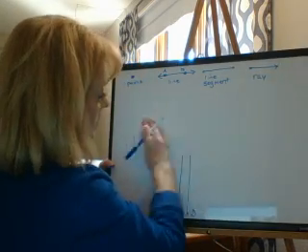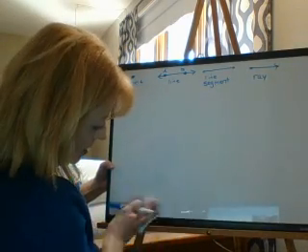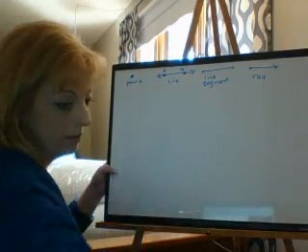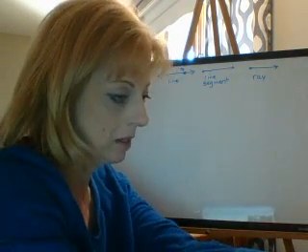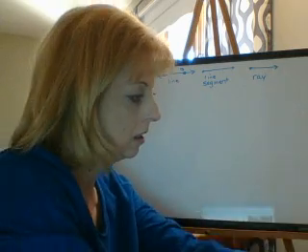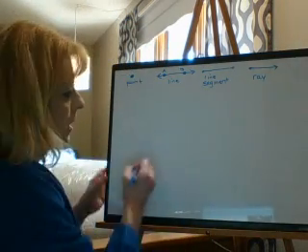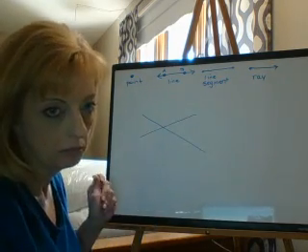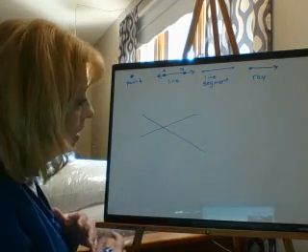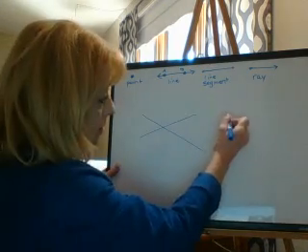The next kind of line is called, on page 880, intersecting. Intersecting just means they cross somewhere. Okay? They could cross in any way.